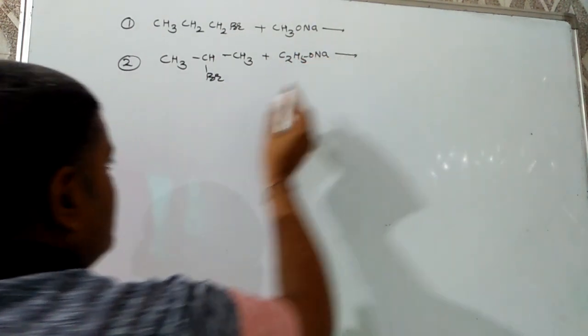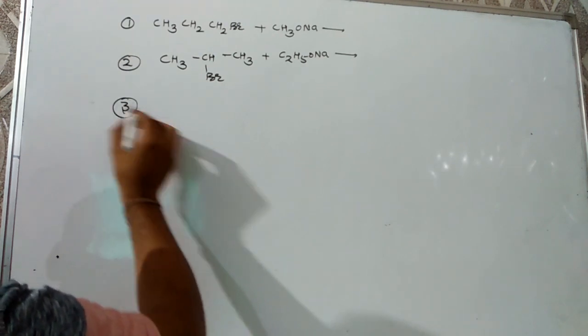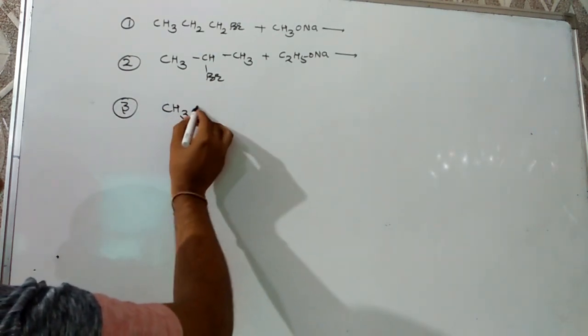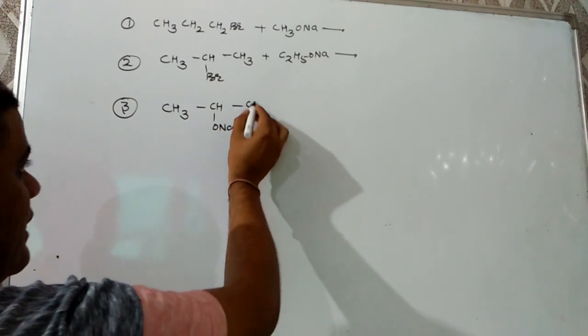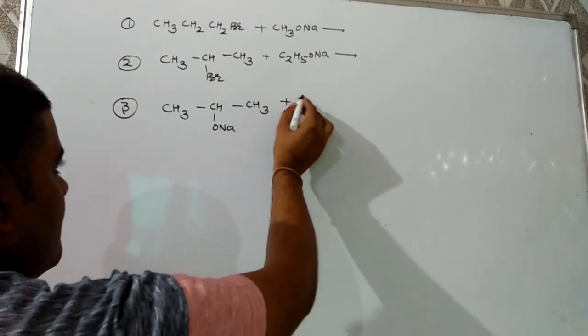What is the product formed? Third: CH3CHONa CH3 plus CH3Br.